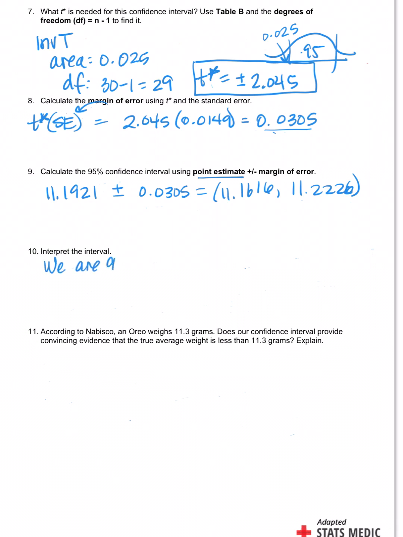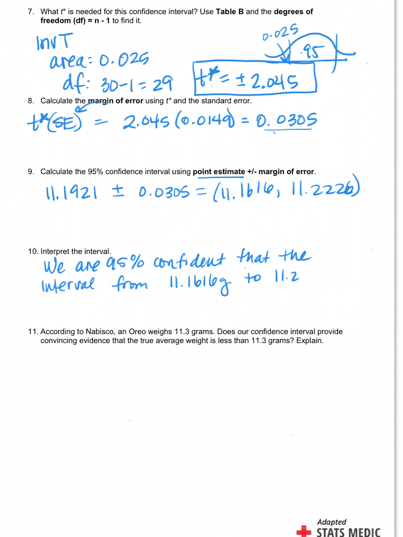We are 95% confident that the interval from 11.1616 grams to 11.2226 grams captures the true mean weight of an Oreo.